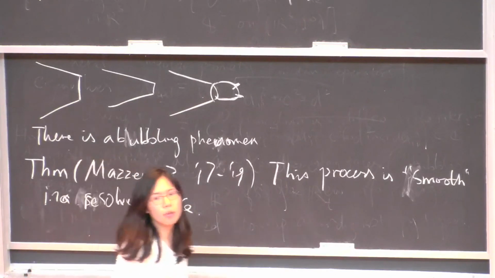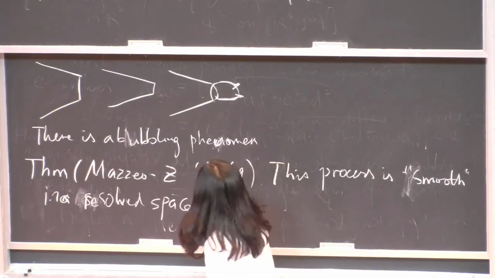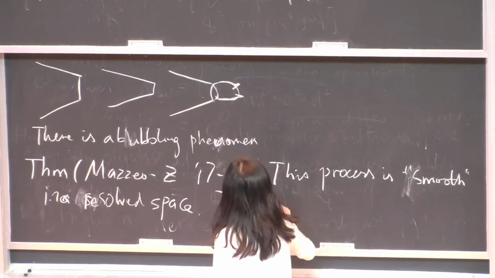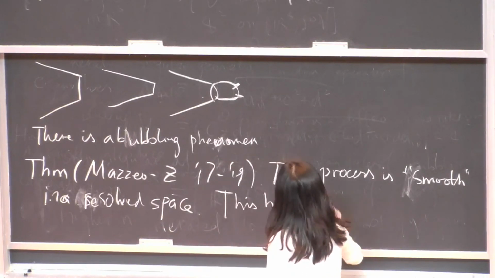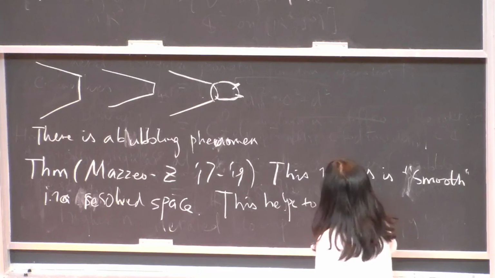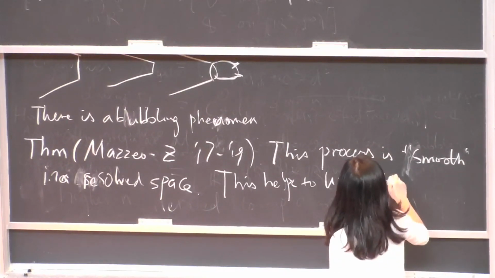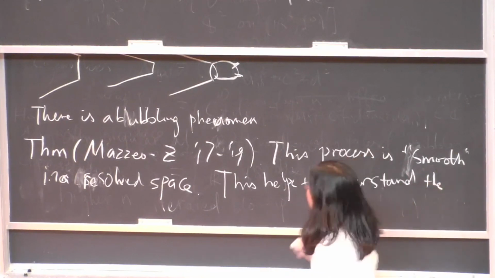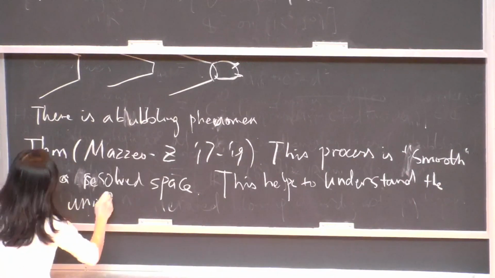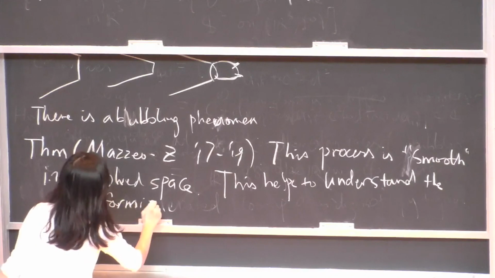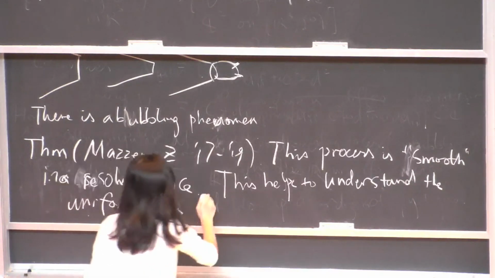And moreover, this process helps us to understand the deformation problem, or the uniformization problem in the spherical case, which is still partially open in the spherical case.